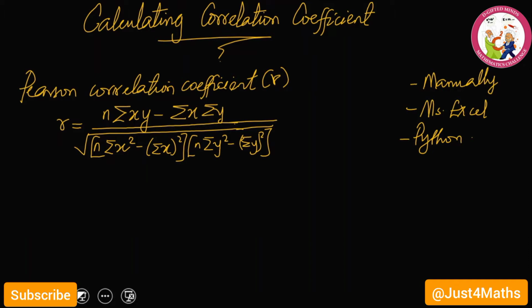Now, to compute this quantity manually, you have to create a table using the data set given. Of course, the request came with a data set, so let's display it.